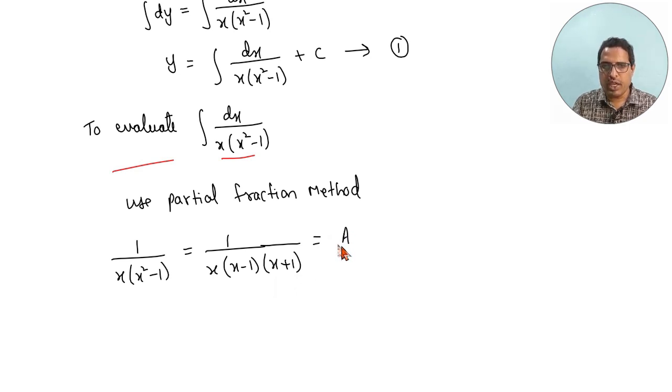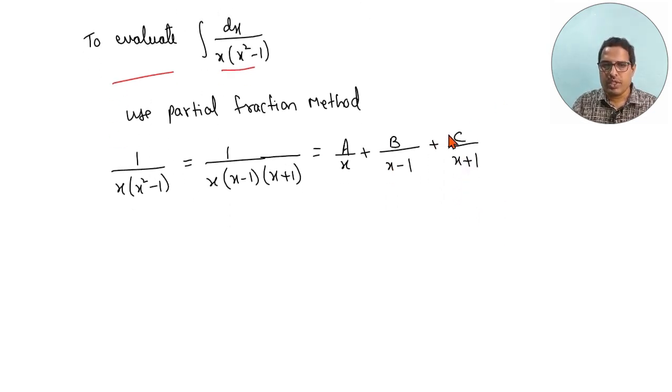It is a by x plus b by (x minus 1) plus c by (x plus 1). Now let us take the LCM over here. The LCM that we have is x into (x minus 1) into (x plus 1).